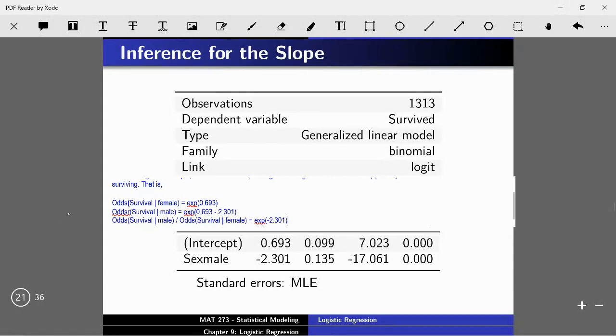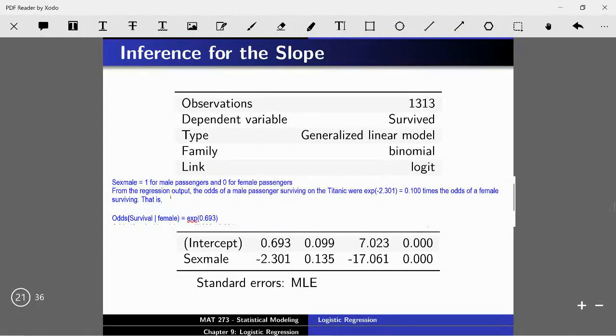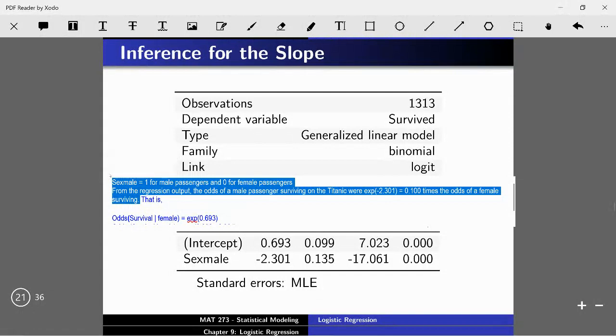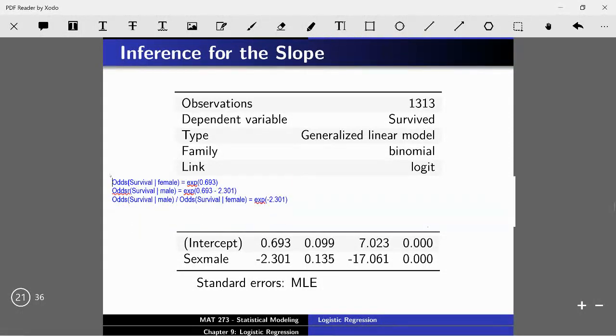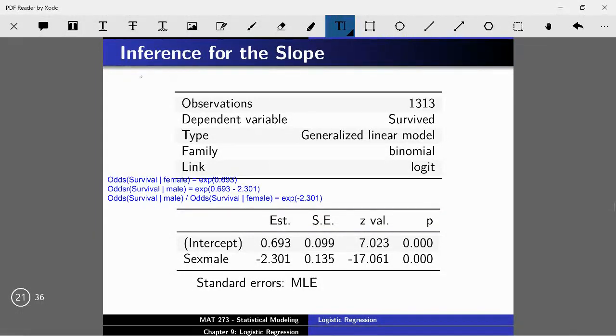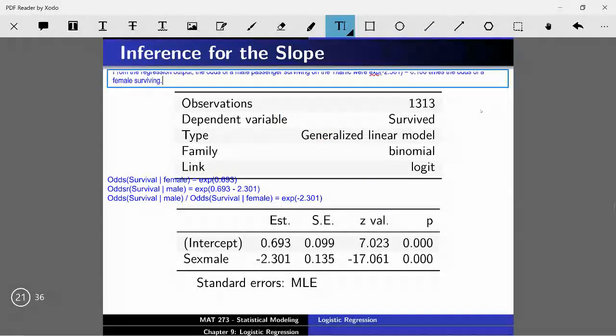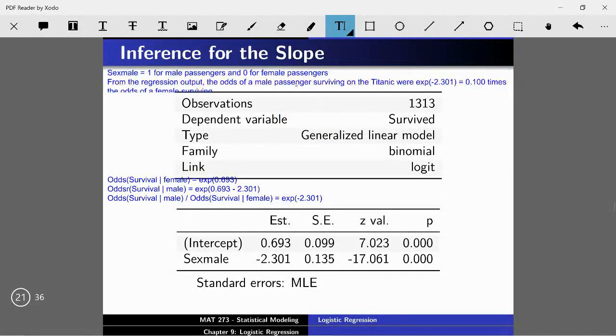But if we wanted the probability of survival without losing this interpretation that I gave up here, there's a lot of stuff to fit on this slide, but I'll move this other interpretation up here.